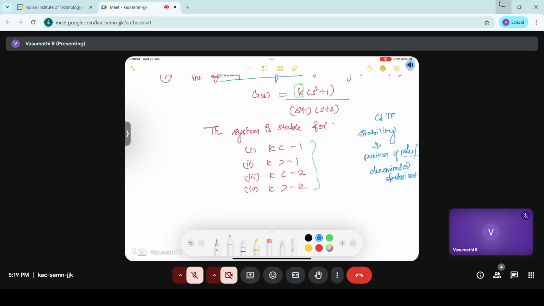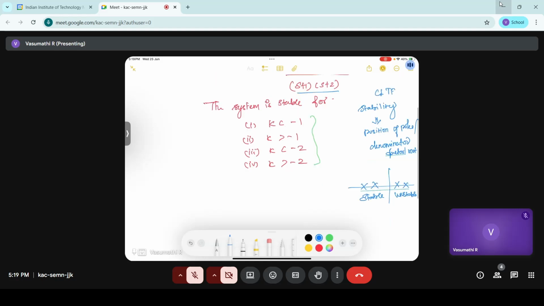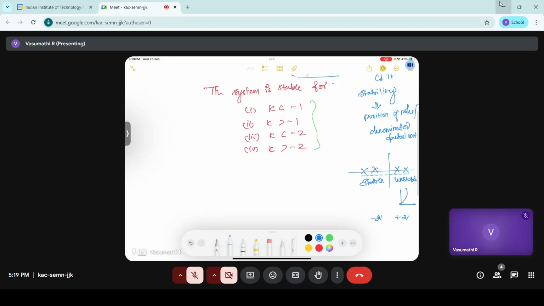Whatever is in the denominator refers to the poles of a system, and the position of these poles refers to the stability of the system. If the poles lie on the left half of the S plane, the system is stable. If the poles lie on the right half of the S plane, the system is unstable, because that will give you positive poles. Let's take, I'm considering -2.